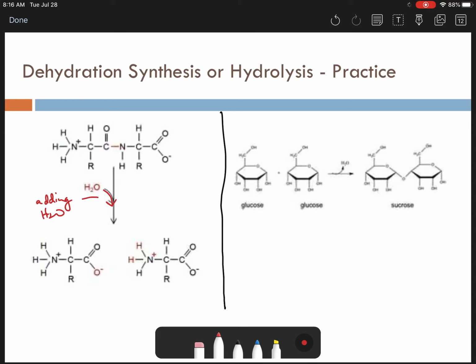Okay? Because that arrow is going in. They're taking one large molecule, they broke it down into two smaller molecules. So this one, if they're adding in water, that's hydro. And if they're breaking it into two smaller molecules, that's lysis. So this is a hydrolysis reaction.